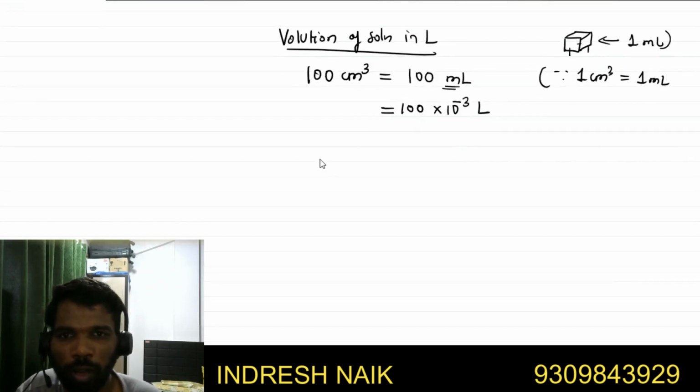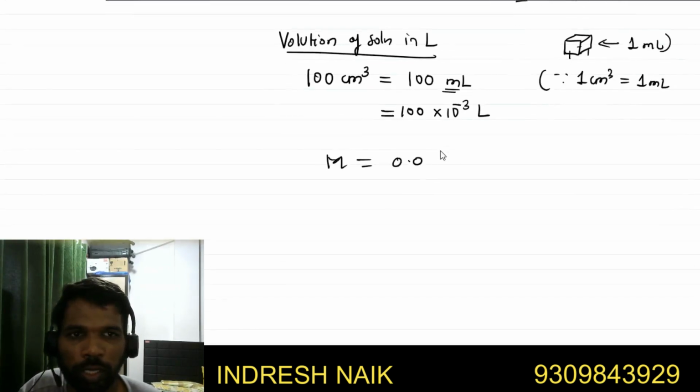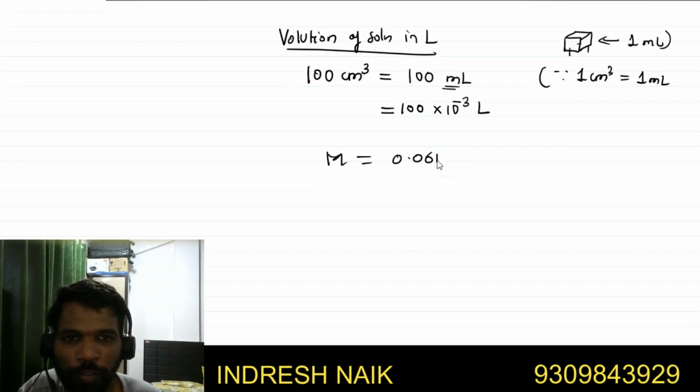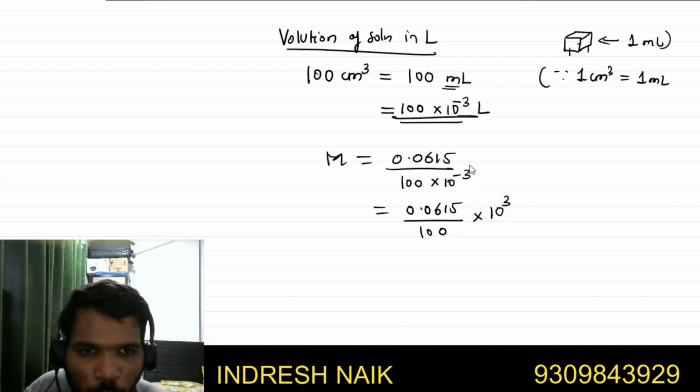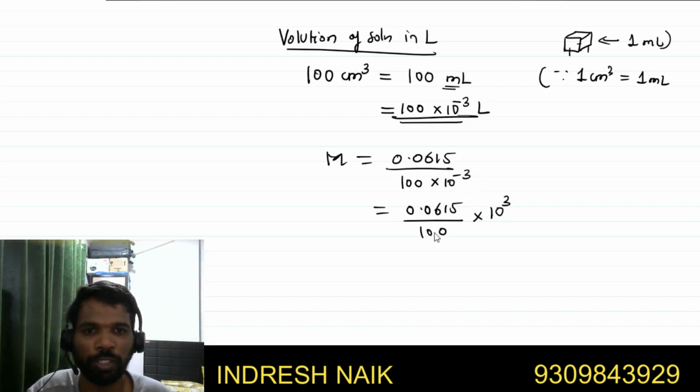Therefore, molarity is 0.0615 divided by the volume. You can write 0.1 liter, or 100 into 10 raised to minus 3. So it is 0.0615 upon 100 into 10 raised to minus 3. When it goes from the denominator to the numerator, it becomes 10 raised to 3.